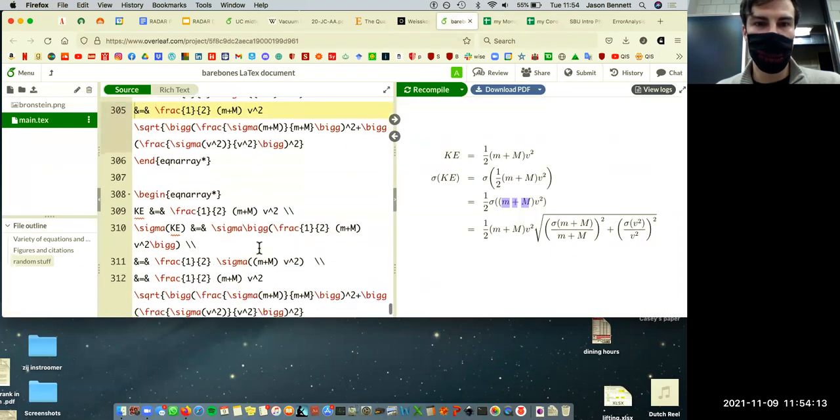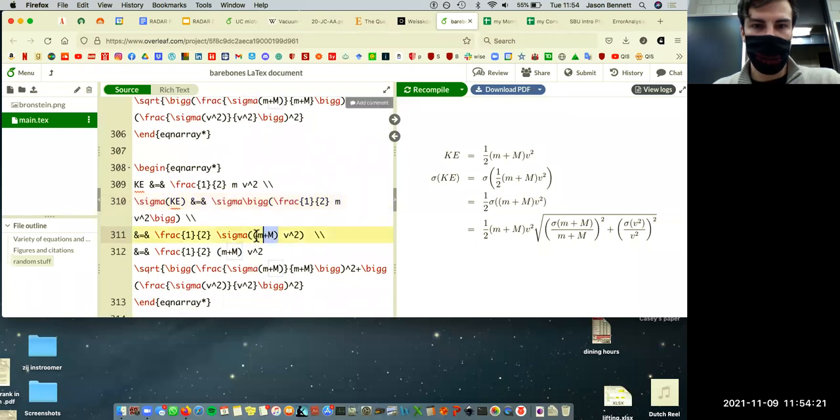So let me type that out really quick. We don't have M plus M anymore, it's just M. B squared, let's get rid of this. Okay, what does that look like now?